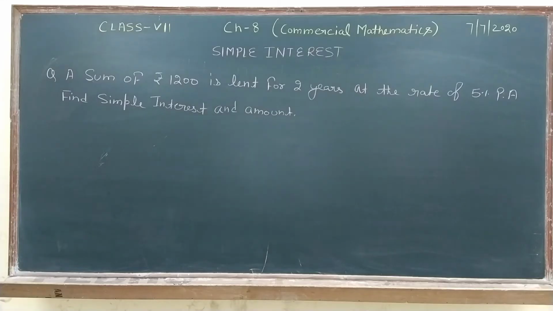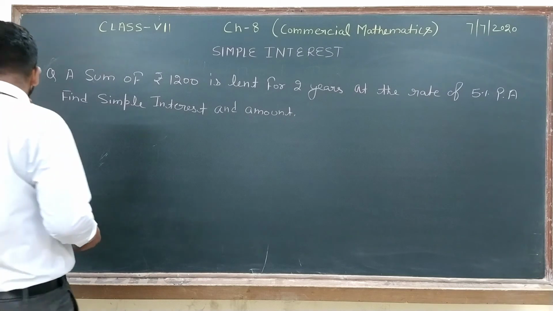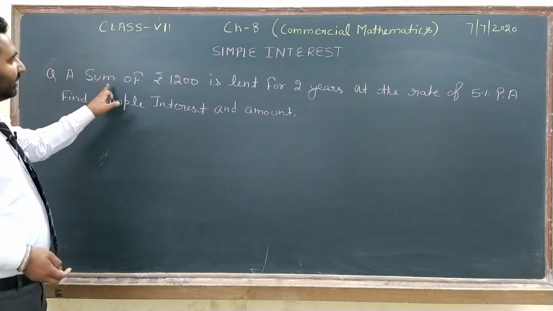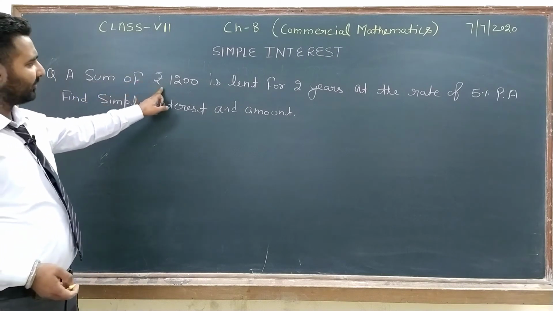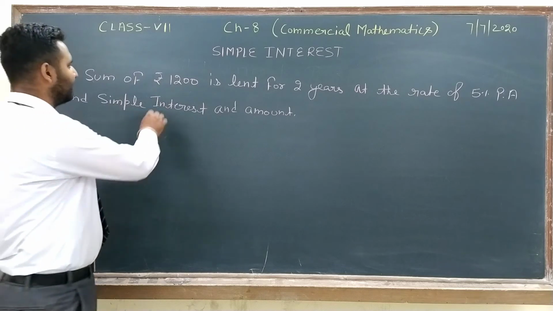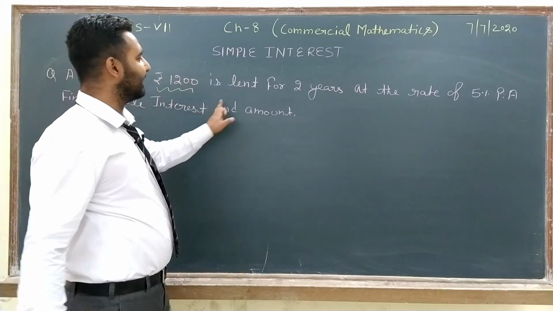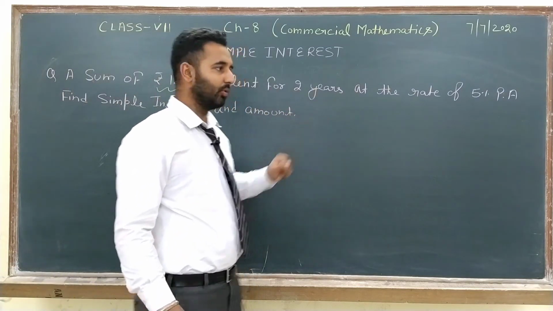Let us see the basic question where we have to find out simple interest and amount. Question says a sum of rupees 1200 is lent for 2 years.